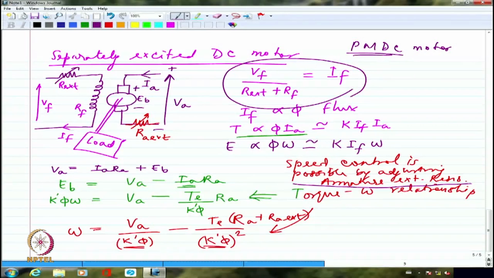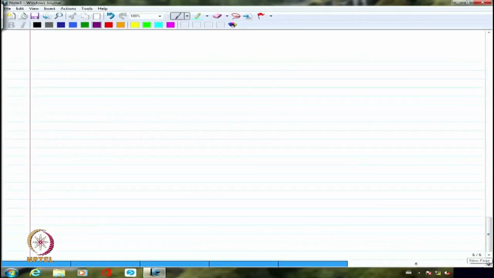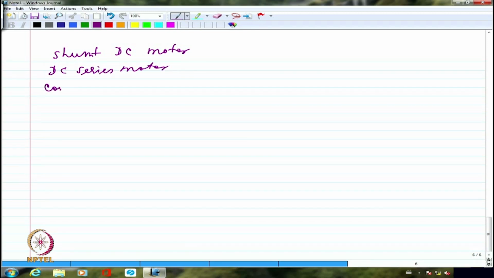The next things that we will be discussing will be the shunt DC motor, the DC series motor, and we will also be looking at the compound motor.